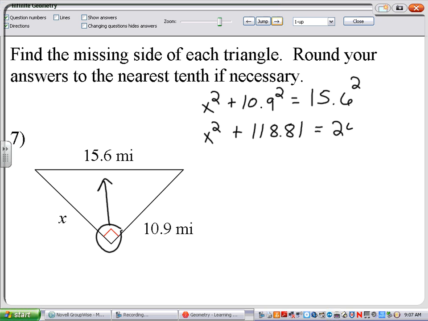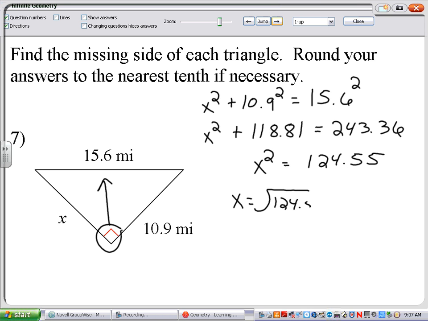That's 243.36. I would subtract 118.81, and that gives me x squared is 124.55. So x is the square root of 124.55.